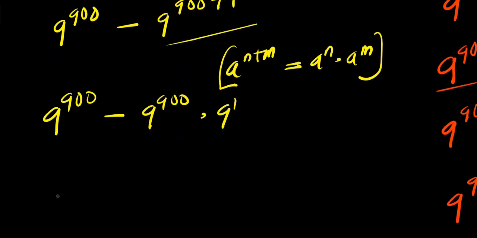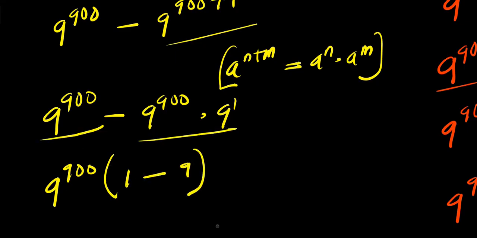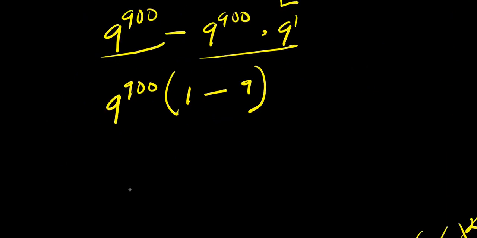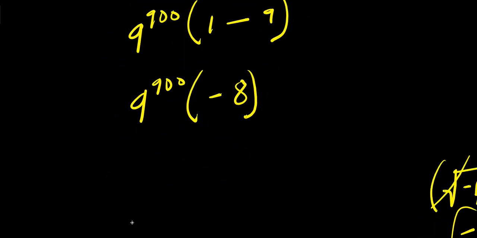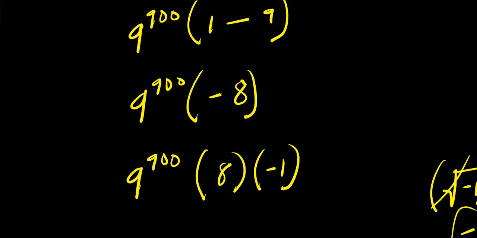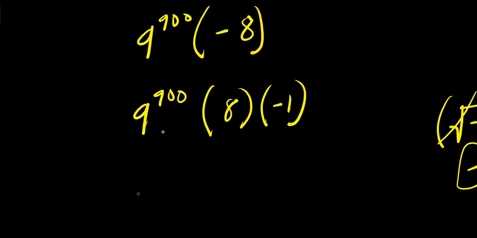I can factor out 9^900, so I have 1 minus 9, which is negative 8. So I have 9^900 times 8 times negative 1. I can express this as (3^2)^900 times 8 times negative 1.